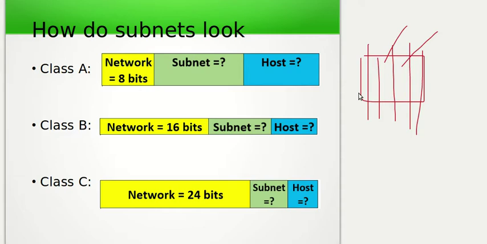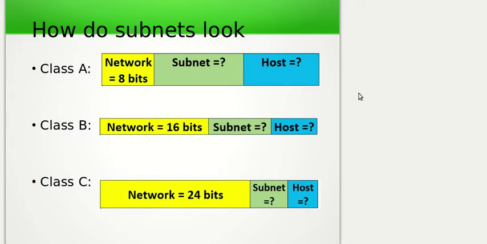We then borrow bits from the host part in order to create our subnets, which will then change the subnet mask. So to understand that every class A subnet, no matter what subnet mask we use, will always begin with 255. Class B subnets will always begin with 255.255.something. Class C will always be 255.255.255.something. Very important to understand that fact.